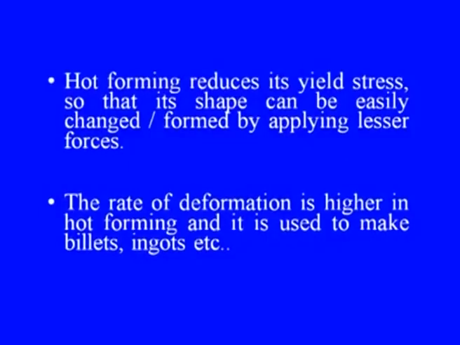Hot forming reduces the material's yield stress, so that its shape can be easily changed or formed by applying lesser forces. The rate of deformation is higher in hot forming, and it is used to make billets, ingots, etc. Cold forming.